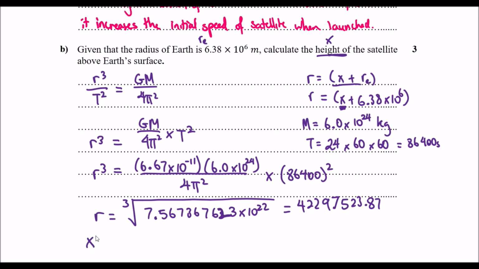So the height that we're looking at is the value that we have here, subtracted by the Earth's radius.